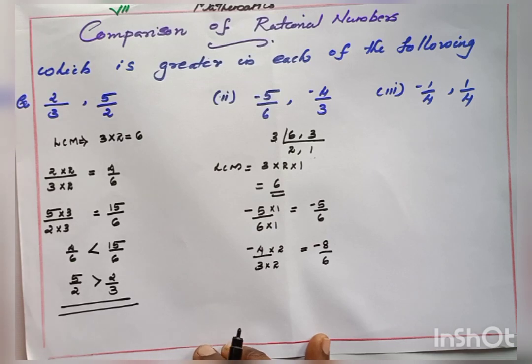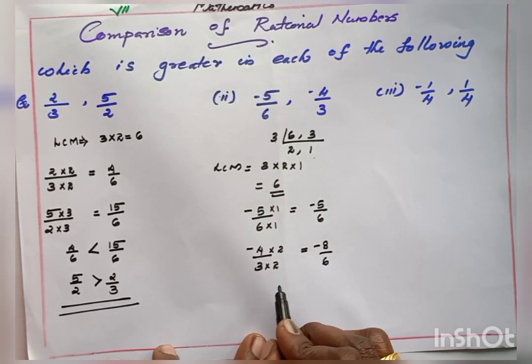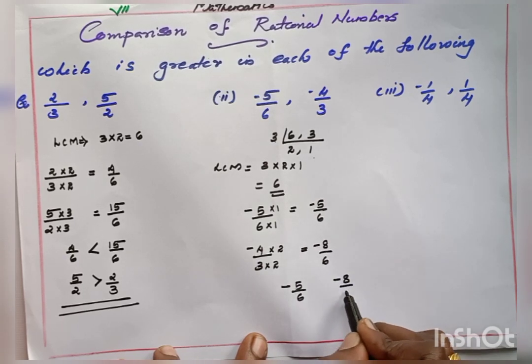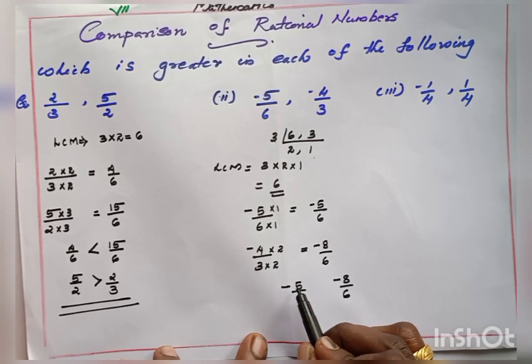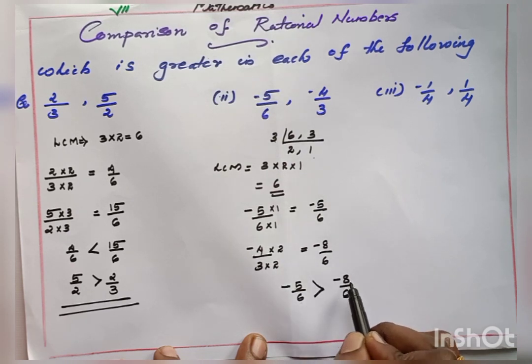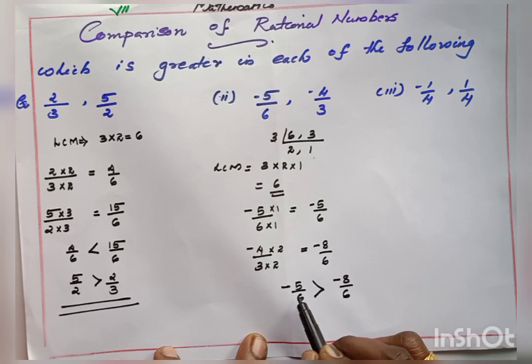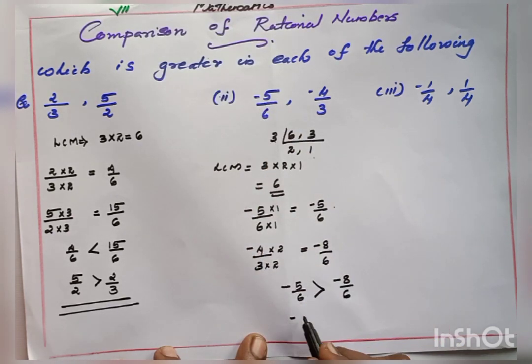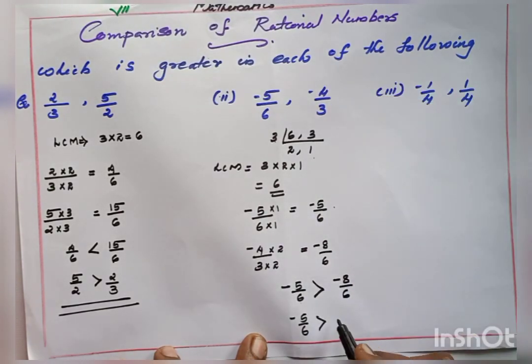So we compare minus 5 by 6 and minus 8 by 6. Which is greater? Yes, the negative 5 is the greater. So minus 5 by 6 is greater than minus 8 by 6, which is equal to minus 4 by 3.